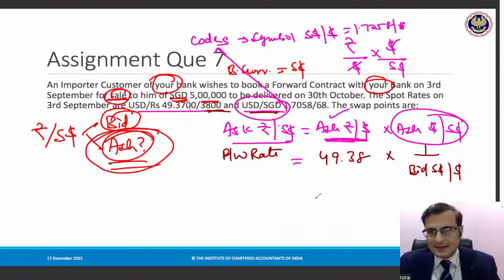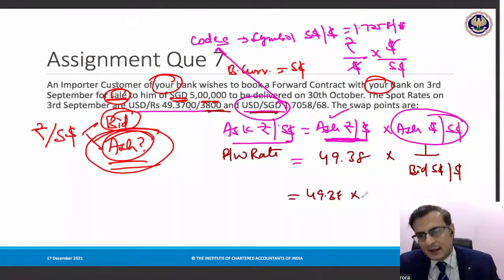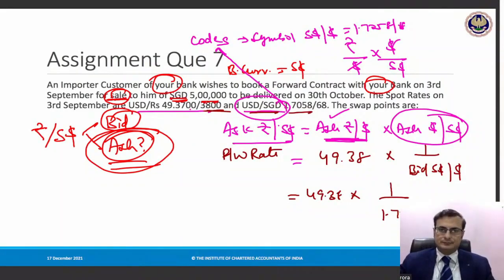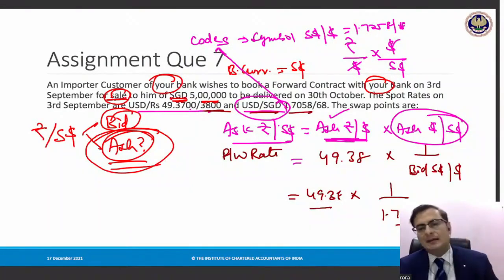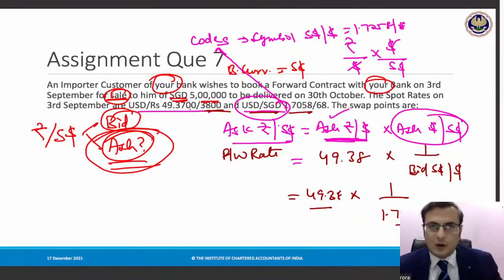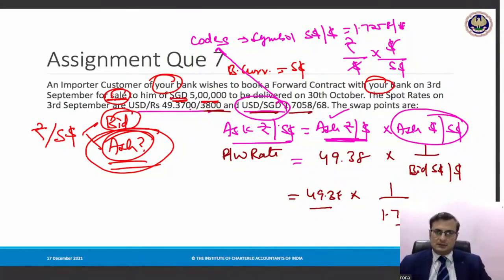Let me first write the rates and then we can add the premium. 49.38 into 1 by bid. Okay, bid rates, 1.705. Clear, guys? Till here you have noted down 49.38 into 1.705. I'm rubbing all this, so you can take a screenshot or you can write.